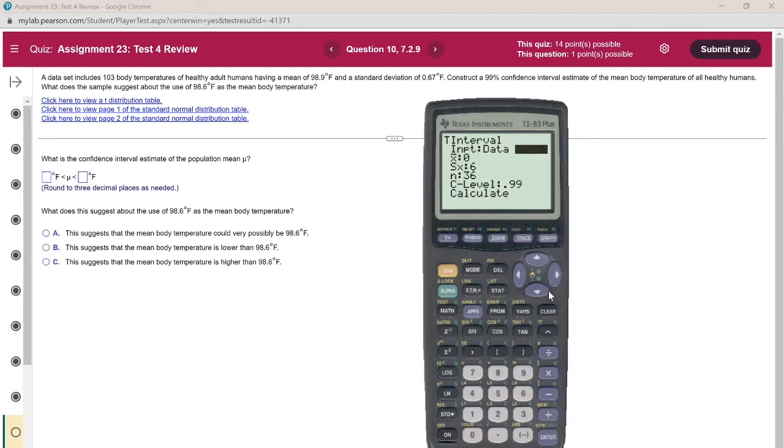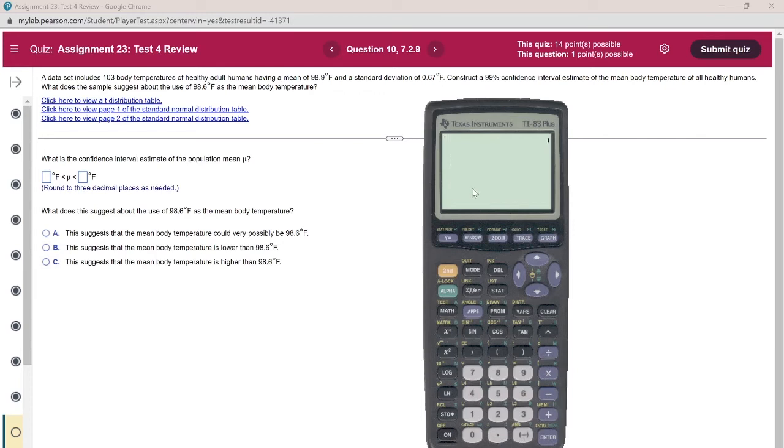We just have to use the given stats. The data set includes 103 body temperatures of healthy adult humans, having a mean of 98.9, a standard deviation of 0.67, and a sample size of 103. Our confidence level is 99%, so it's 0.99. It's already given. So calculate.